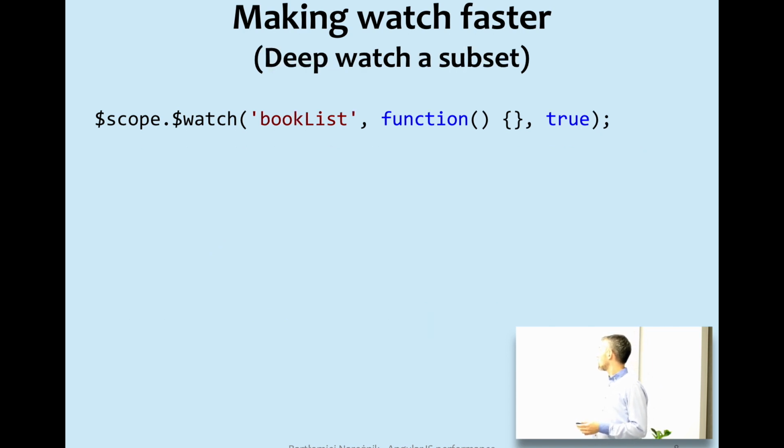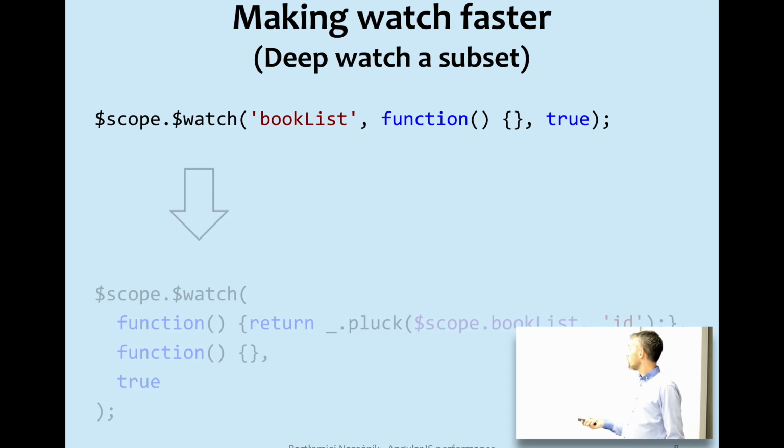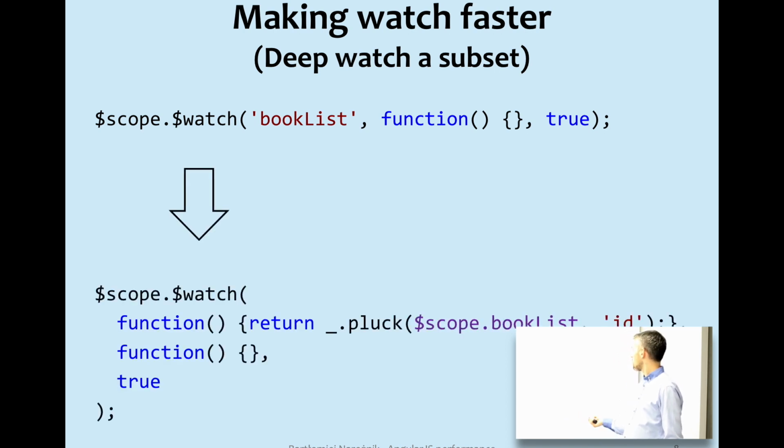And if not, there are other options. For example, if we only care about changes to some specific fields, not every field of the element, then we could make a subset of it, returning only those fields. Like in this example, we only react to a change of the ID field on the list element.